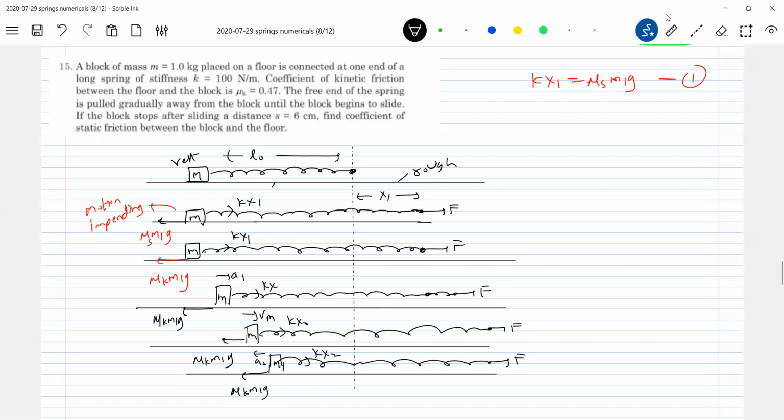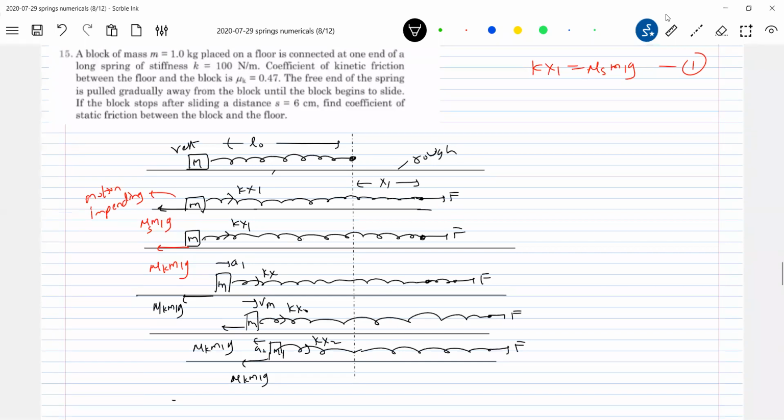Finally, what happened to the block? It will come to rest. I could have written the equation directly, I just wanted to show that.